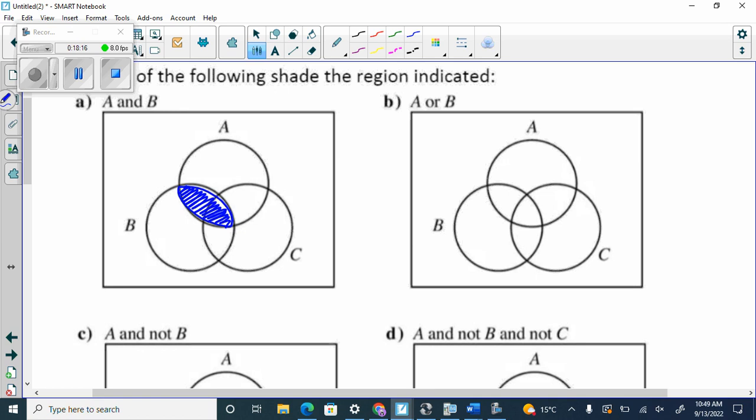Okay, now paying attention. We're at A or B. Or is what? Snowman. So I'm going to go find the A or B snowman. So here's one circle, and here's the other circle.